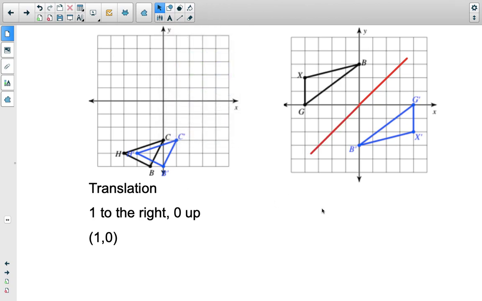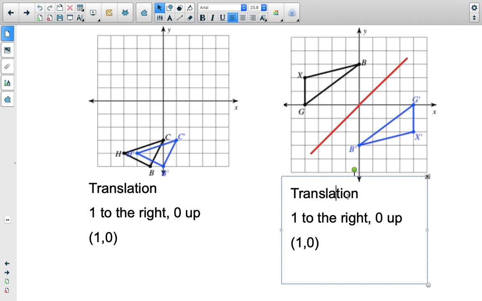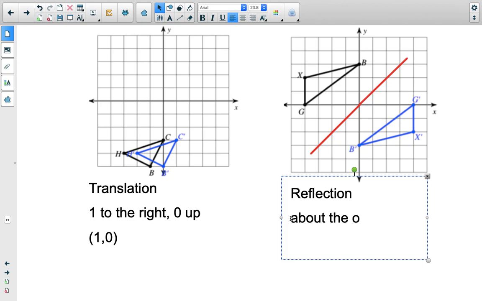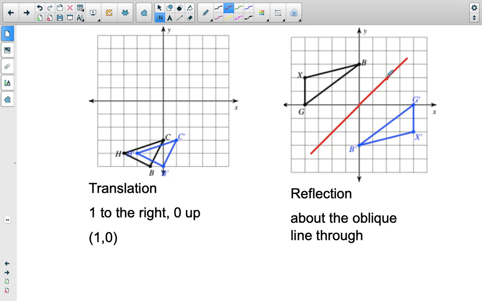A reflection about the oblique line through, well, we've got to pick 2 points on that line. Let's say this point here and this point here.